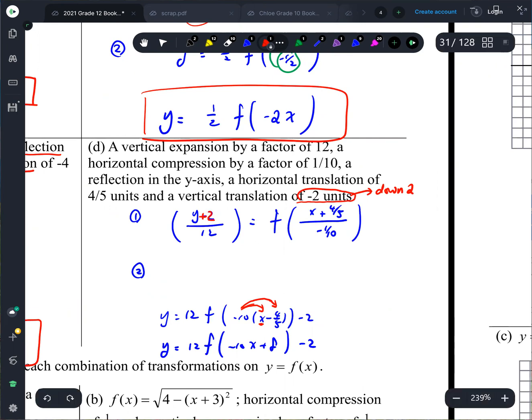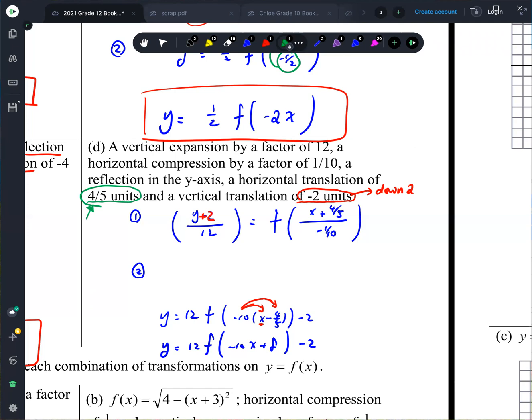Okay. And then what about the x plus 4 over 5? Where does that come from? Horizontal translation of 4 over 5. So this means which way are we moving? To the left. Is that positive or negative 4/5? It should be negative. I mean, in the question, right? Oh, in the question here, it's positive. Yeah. Positive 4/5, it tells you to move which way?